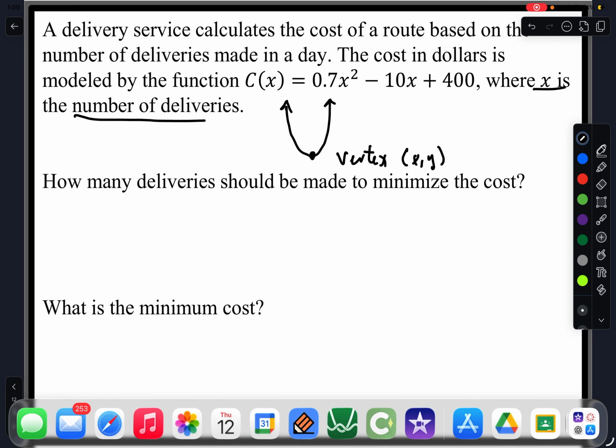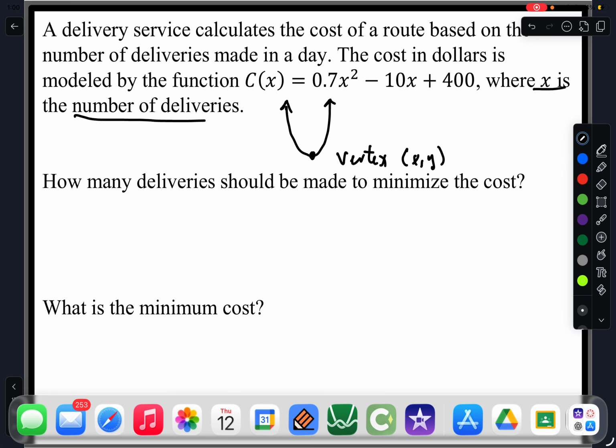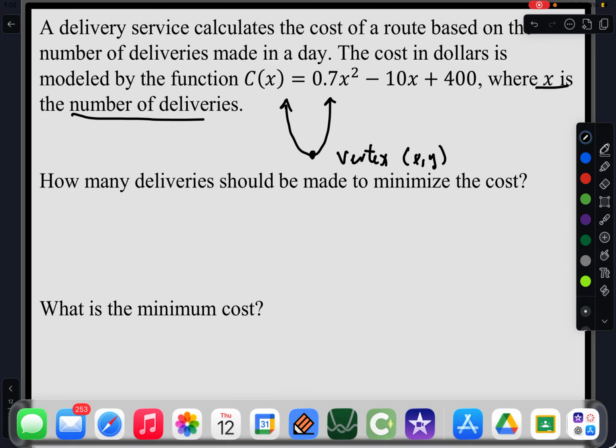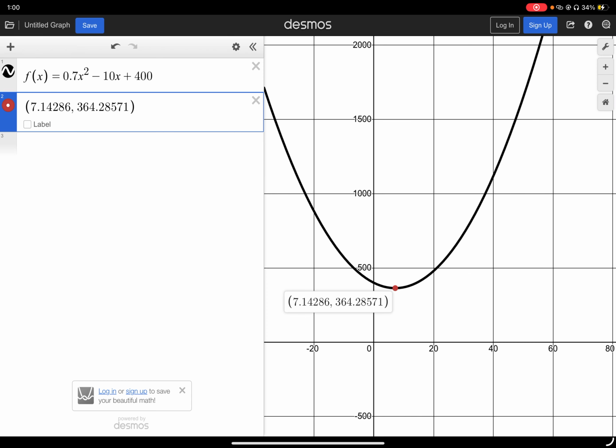Now, since Desmos graphs these equations and automatically identifies the vertex, as you see right here, I can use that number, and I know already that the x value will be 7.14286. But unfortunately, that is just an approximation and not the exact number itself.